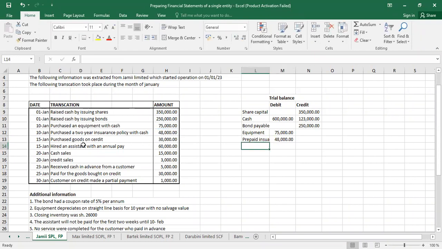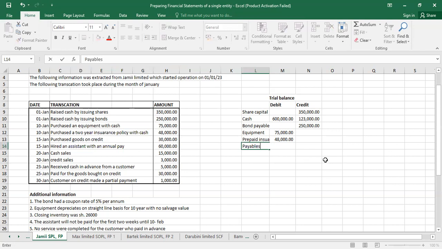We come here, purchased goods on credit, isn't it? Maybe I just make the credit look properly. So if we purchased goods on credit, the first account that you know is accounts payable, isn't it? The payables. We will pay them later. So our payables increase.